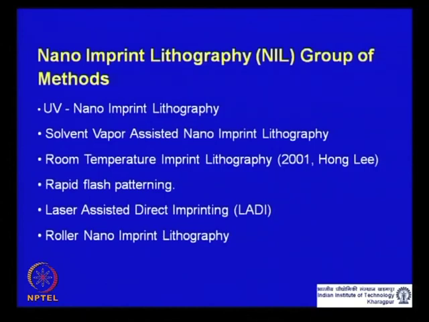The major derivatives or extensions of nano imprint lithography are UV nano imprint lithography or UV NIL, solvent vapor assisted nano imprint lithography, room temperature imprint lithography, which is pioneering work developed by Hong Lee's group in Korea and did not come from Stephen Chow's lab, rapid flash patterning, and laser assisted direct imprinting, LADI.